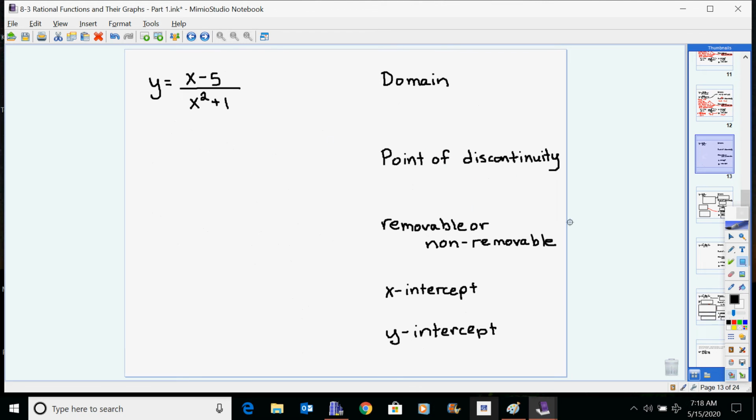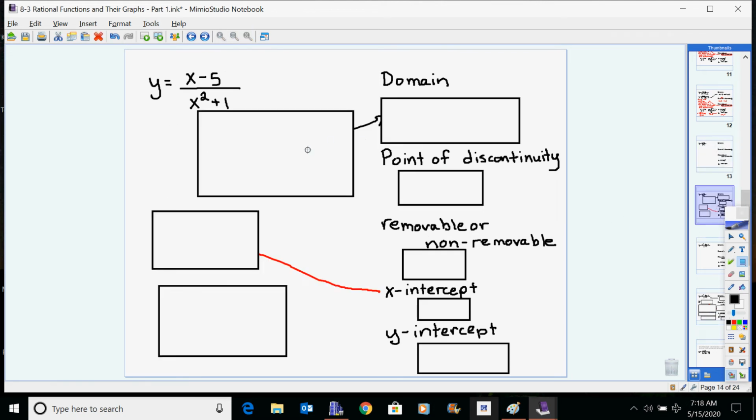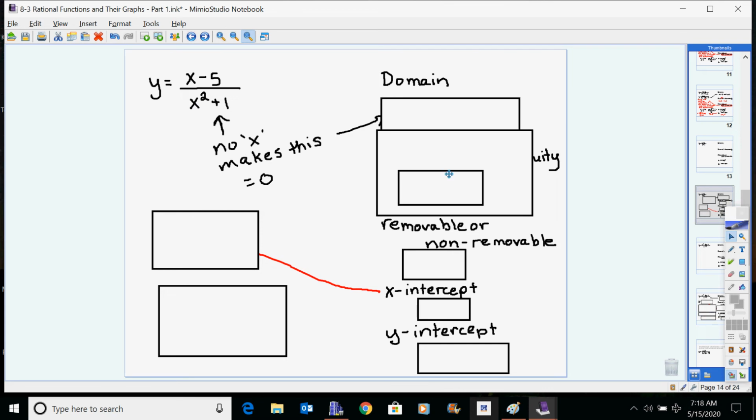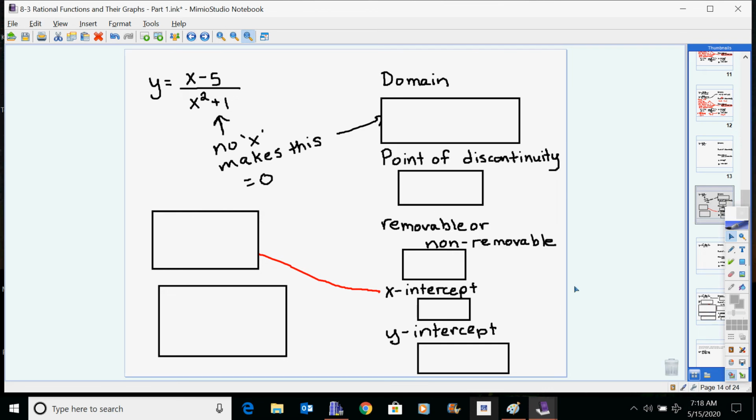Okay, this one, different thing happening here. When we look for the domain, you're looking for values that would give the denominator 0, the ones that x is not allowed to be, but there's no such point. There's no x that's going to make this denominator 0, because anytime you square x, whatever x you square is going to give you a positive number.